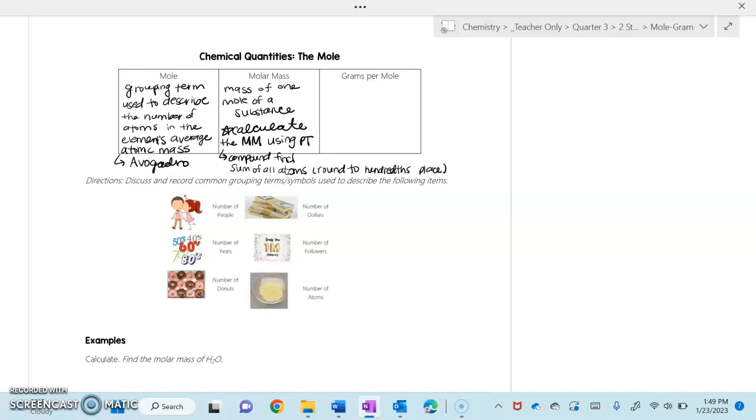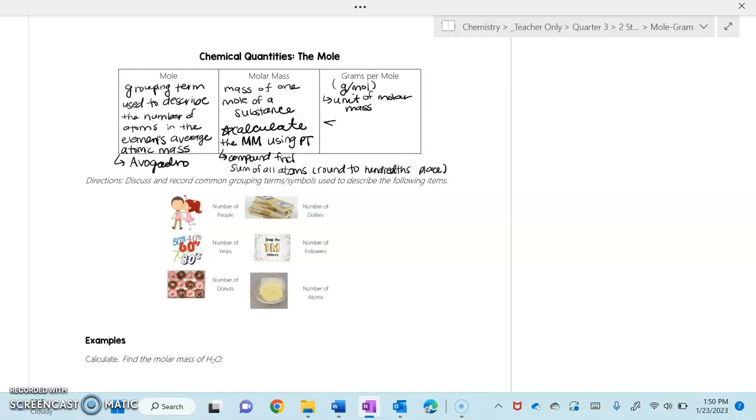And if the molar mass is the mass of 1 mole of a substance, grams per mole, or g/mol, is going to be the unit of molar mass. And so if we have grams and we have moles of a sample, we can divide the mass by moles to compare the molar mass of an unknown sample to the mass values on the periodic table.